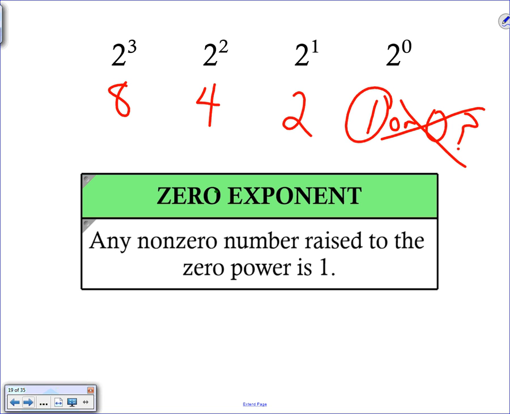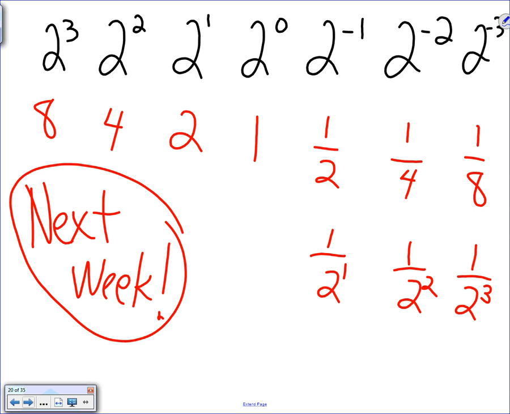And this is where we started to leave off with the zero exponent. Anything raised to the 0 power, except for 0, will be 1, and we use this pattern to help us figure that out. And in the next class, we will talk more about the negative exponent.